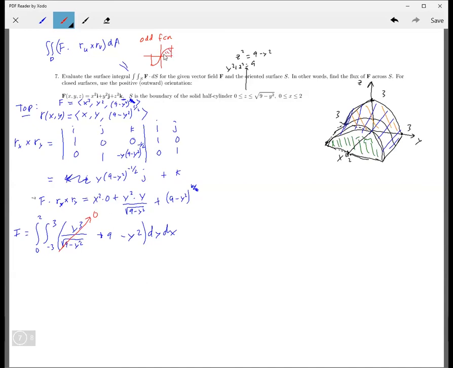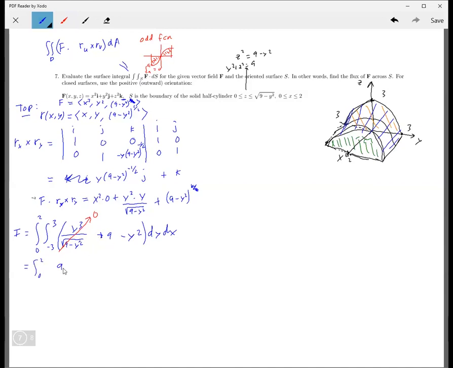Well, it's going to be this area minus that area. And if this is symmetric through the origin, then these areas are going to be the same, right? Going from negative 3 to 3, you're going from some value over here to some value over there. So the integral is 0. From negative a to a, if you have an odd function. If you have an even function, that doubles up. Okay, so 0 to 2.